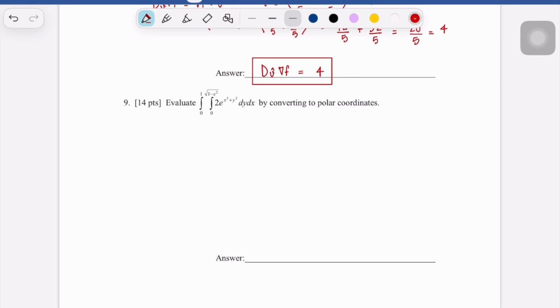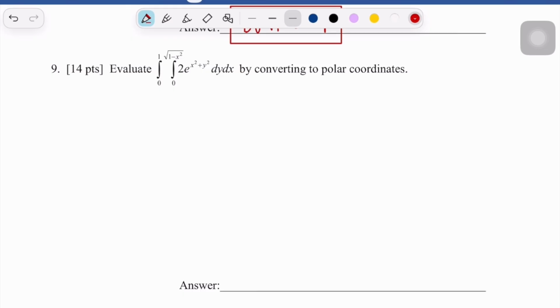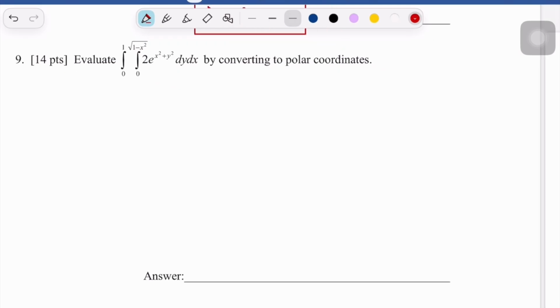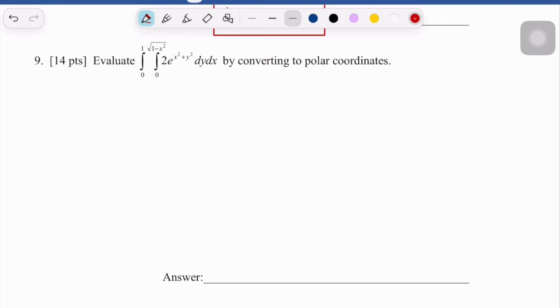Okay, now the next part, we have to evaluate this double integral by converting it to polar coordinates. Since this is also a double integral, let's just draw out the bounds first.